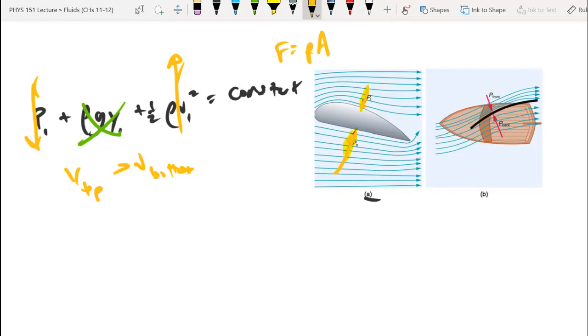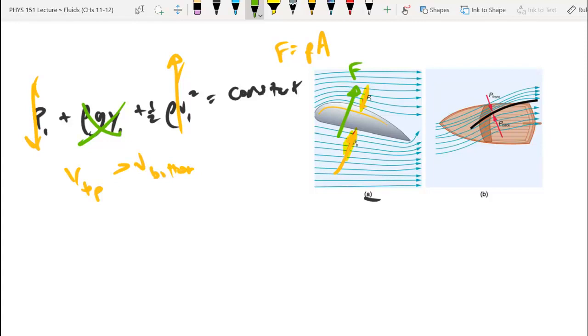The areas are roughly the same, maybe slightly bigger area on the top. But if I have a pressure difference, I'm going to have a force difference. And so this pressure difference causes a net force, which is upwards. And this is part of the way that we get aerodynamic lift.